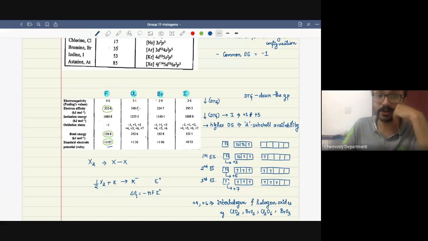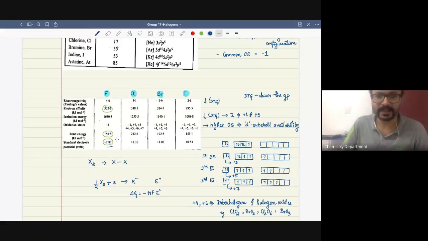But if we look at the electron affinity value, the electron accepting tendency is highest for chlorine. So we expect chlorine to have a higher oxidizing potential, but we see the opposite: fluorine has the higher one. Why this anomaly occurs is what we are going to discuss in the next slide. I hope you're able to understand what I am trying to explain.